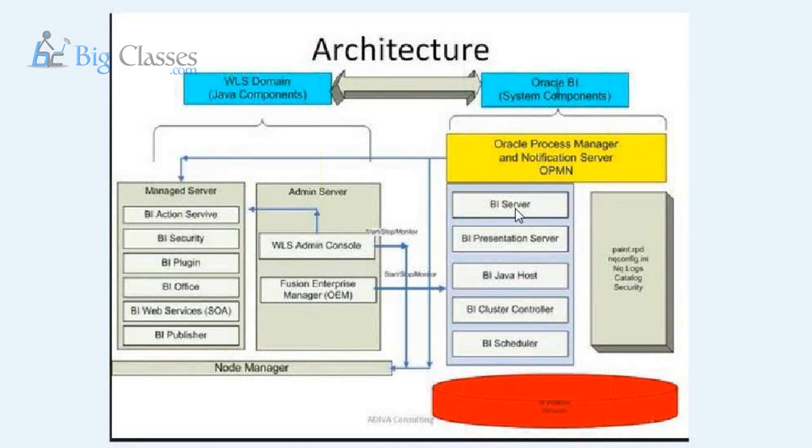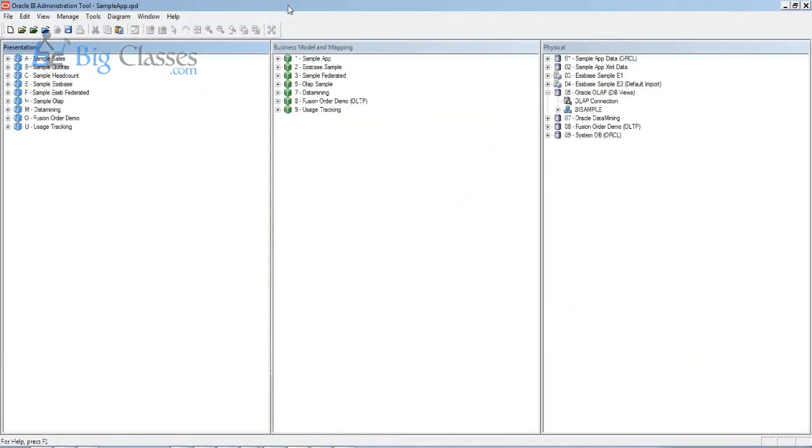The BI server supports connecting to the database and importing metadata into this server. So I am opening this tool here. This is called the BI server or BI Administration Tool.